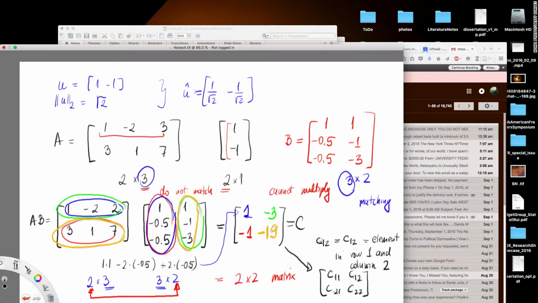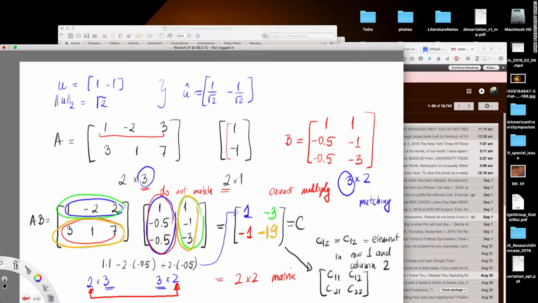It's a scalar product of row 1 in A and column 1 in B. C12 is the dot product or scalar product of row 1 in A and column 2 in B. C21 is the dot product of row 2 in A and column 1 in B. And finally, C22 is the second row dot second column.